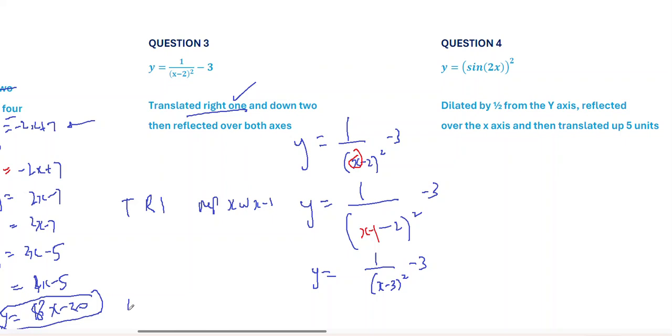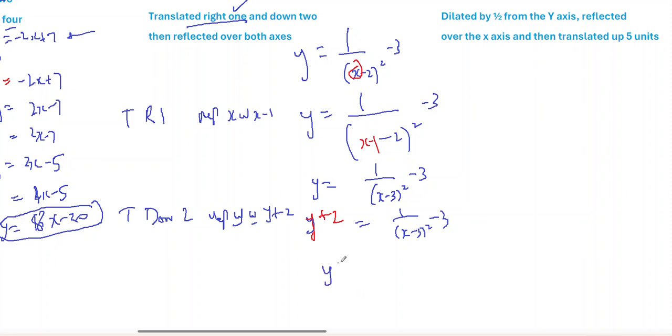Translate down 2 units, therefore replace y with y plus 2. So y plus 2 equals 1 on top of x minus 3 squared minus 3. And when the 2 comes over, y will equal 1 on top of x minus 3 squared minus 5.